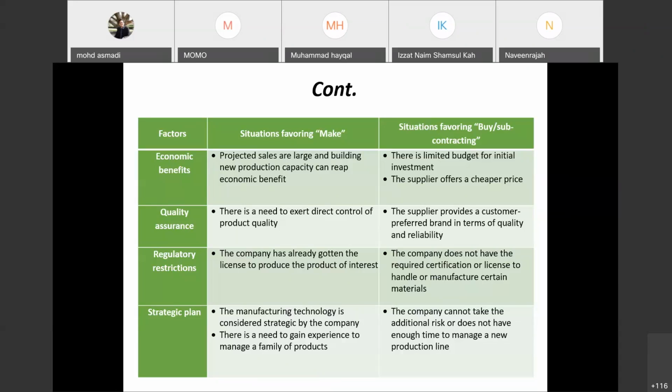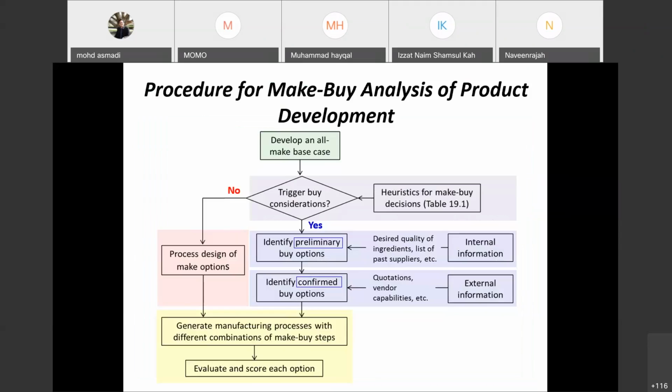So this is the procedure to make a make-or-buy analysis of product development. What are the steps actually? I think in your slide I didn't put the color or the step here, but it's okay. It's just to differentiate which step is which, and which ones are in parallel.